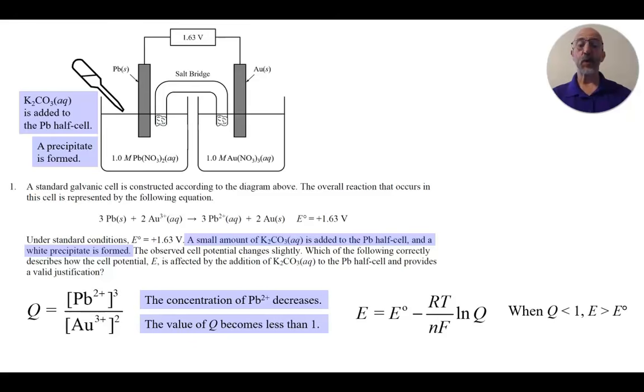So at this point in our analysis of question 1, we know that the cell potential, when that precipitate forms, which causes the value of Q to become less than 1, will be greater than 1.63 volts. So the cell potential should be greater than 1.63 volts because the value of Q decreases.